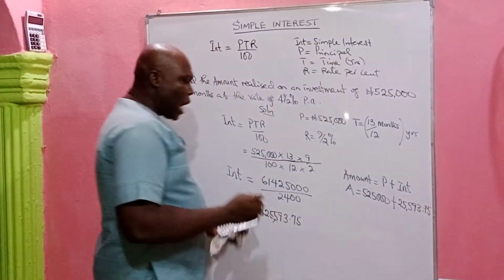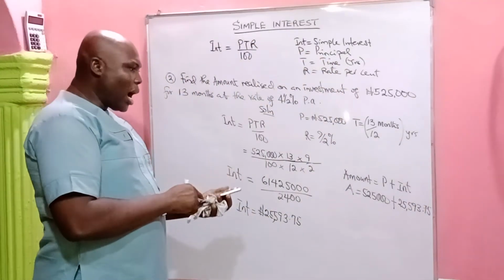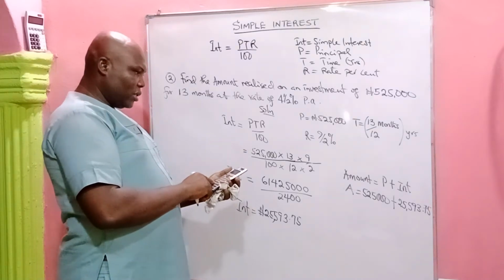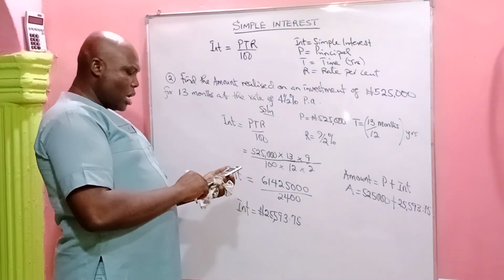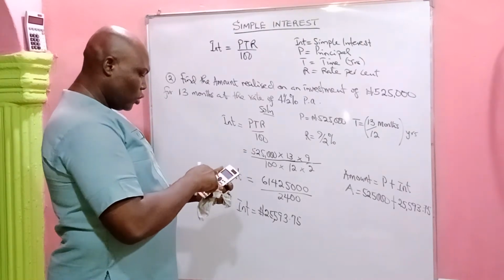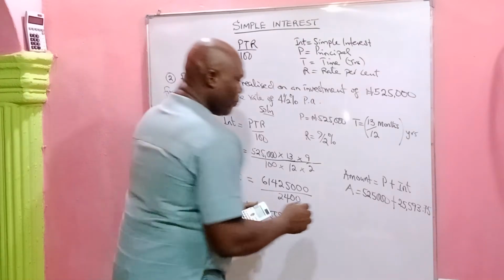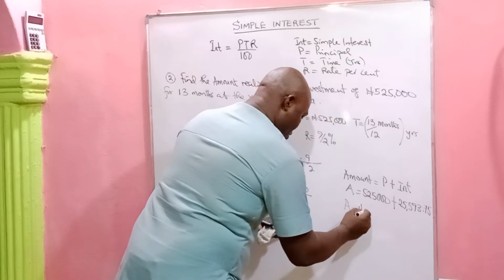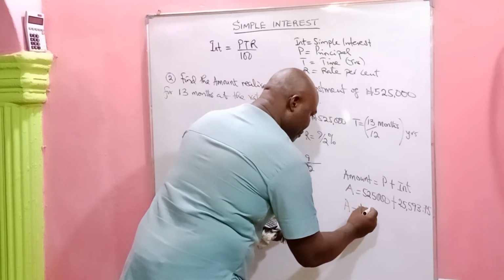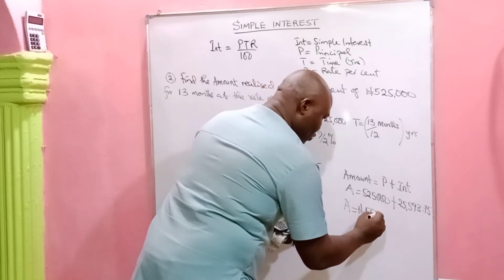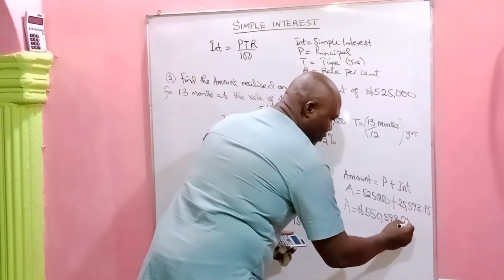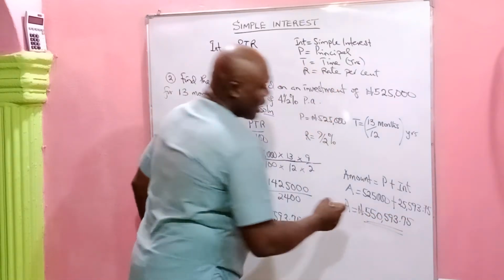So the amount realized is 550,593.75. This will be the amount at the end of the period.